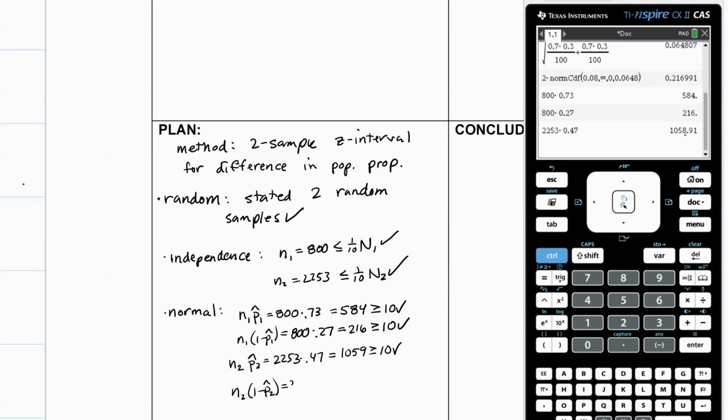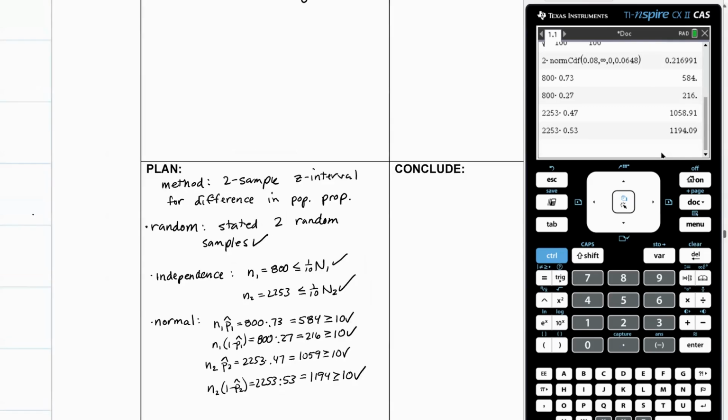And our last one, 2,253 times 53%. And we get, again, a number which we will round to the nearest whole number. And that number is also greater than or equal to 10. We have now checked and we've seen that it meets all of the conditions for our procedure.